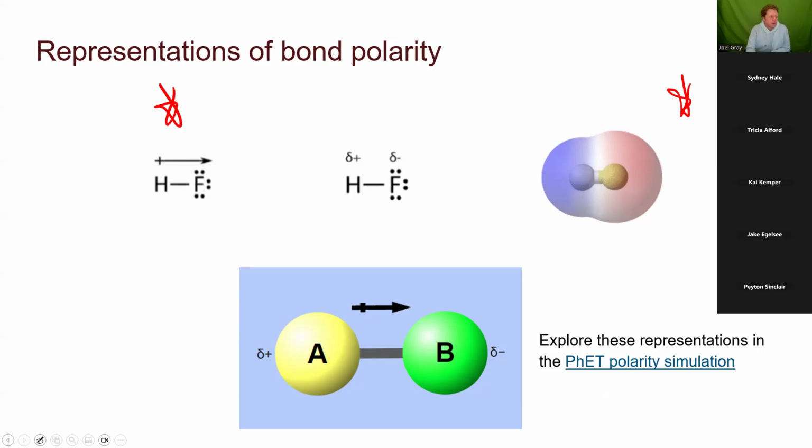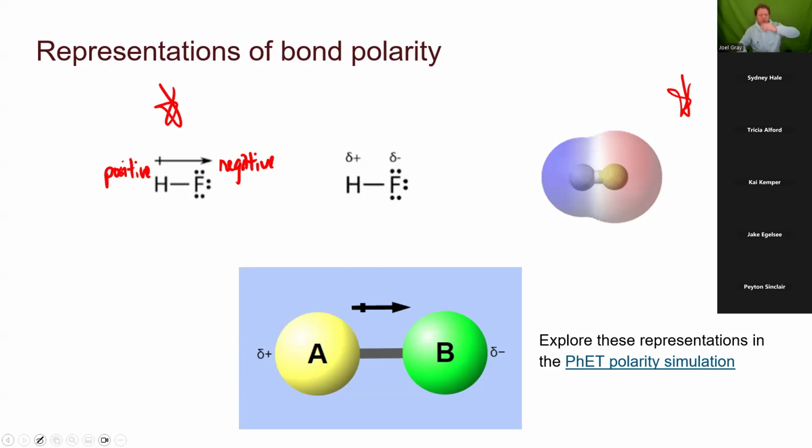So if you think, what's the charge of our electrons? Electrons are negative. So this is pointing towards the negative end. And what's the opposite of negative? Well, it's going to be positive. So within this molecule, we've got a positive region.